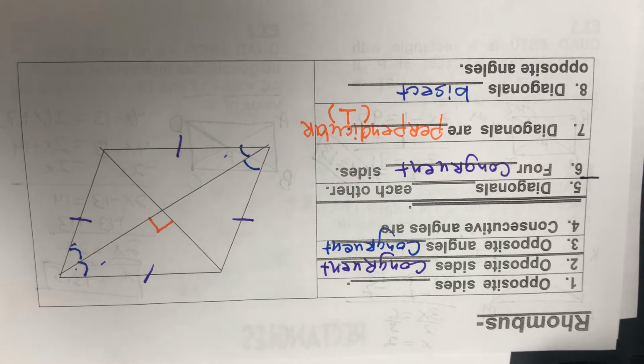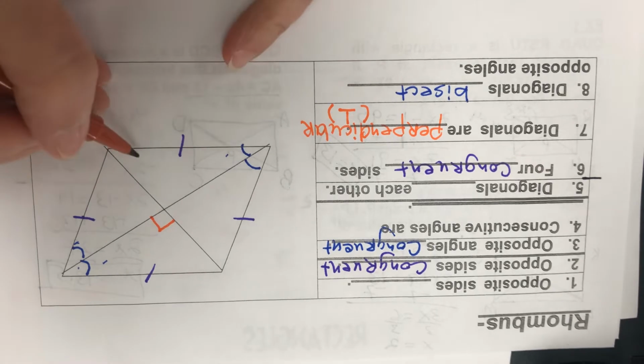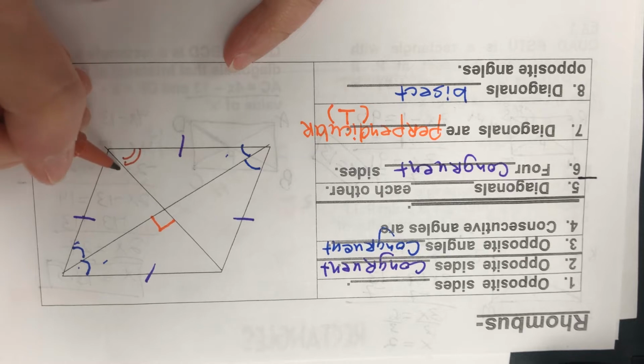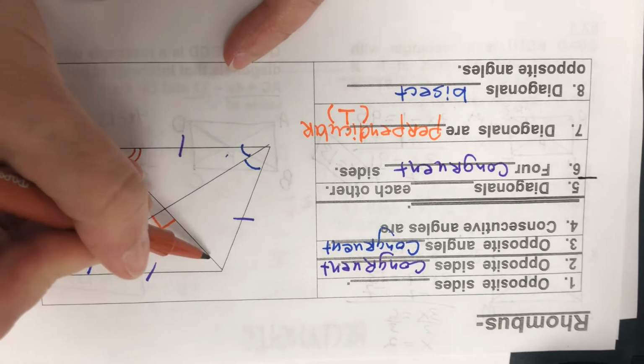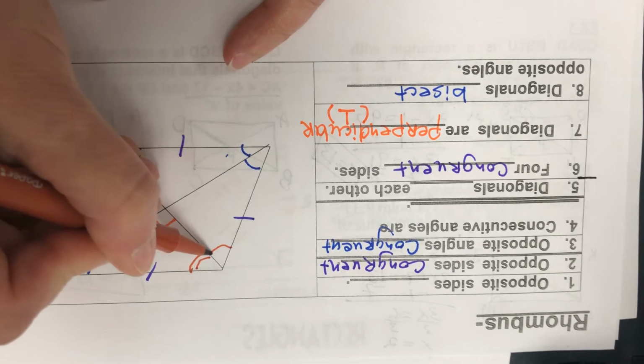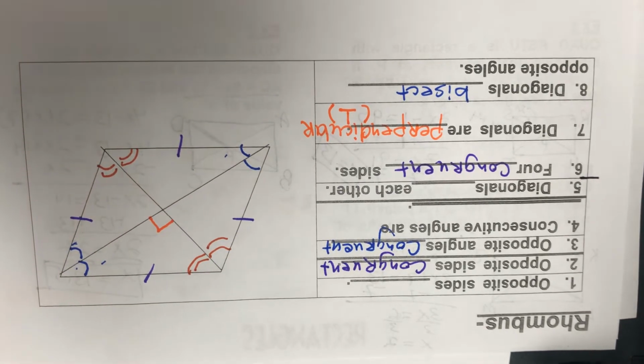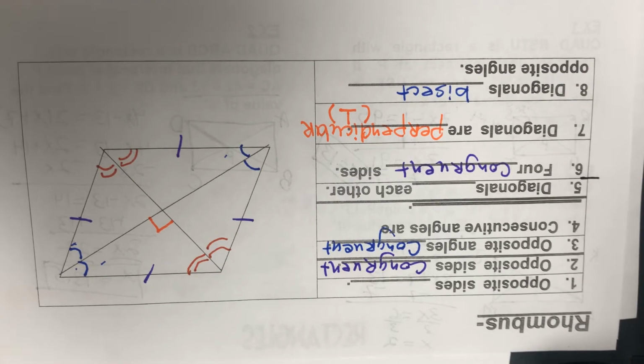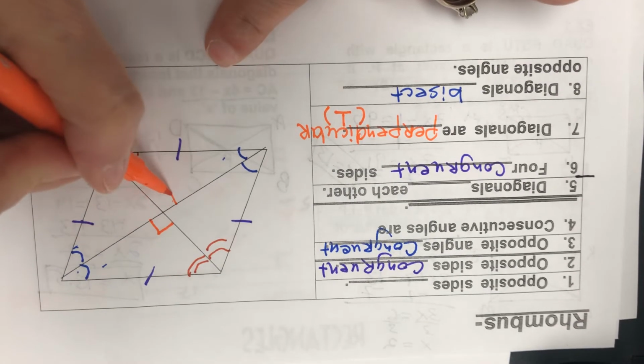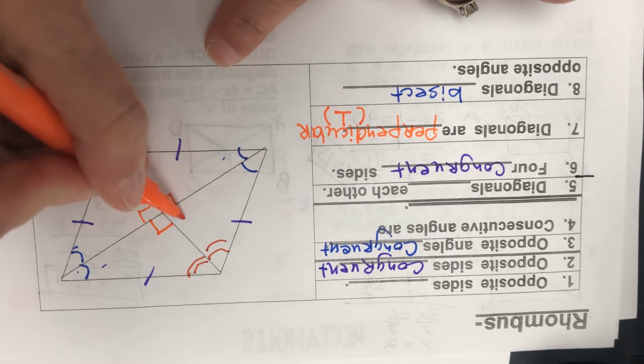And then let me get a different color here. These 2 angles will be congruent, and these 2 angles will be congruent. So all 4 of these will be congruent. And then don't forget, all of these are right angles.